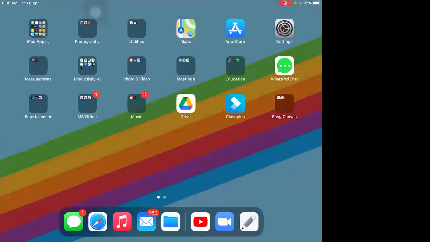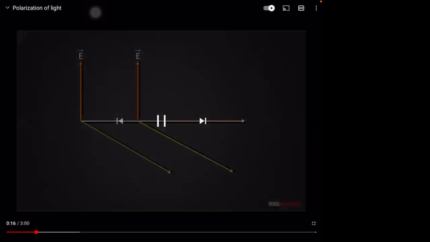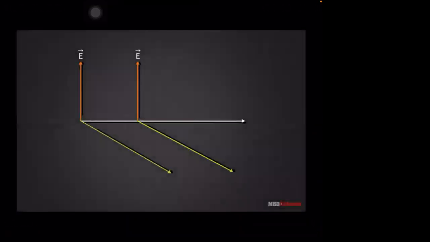So let me show you something. Light is an electromagnetic wave in which the time-varying electric field vector E and magnetic field vector B are mutually perpendicular to each other, and both are also perpendicular to the direction of propagation of the light wave. You're able to see that the electric field in the orange line and the magnetic field in the green line are perpendicular to each other, and the white line represents the direction of propagation.